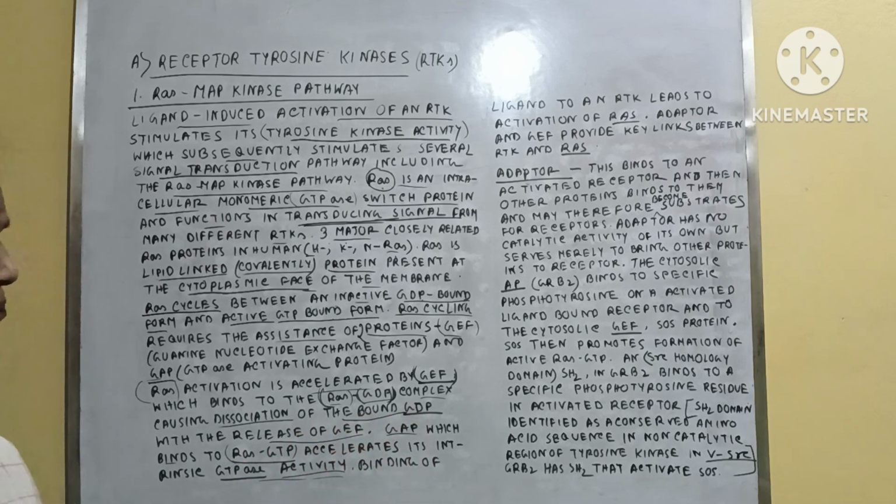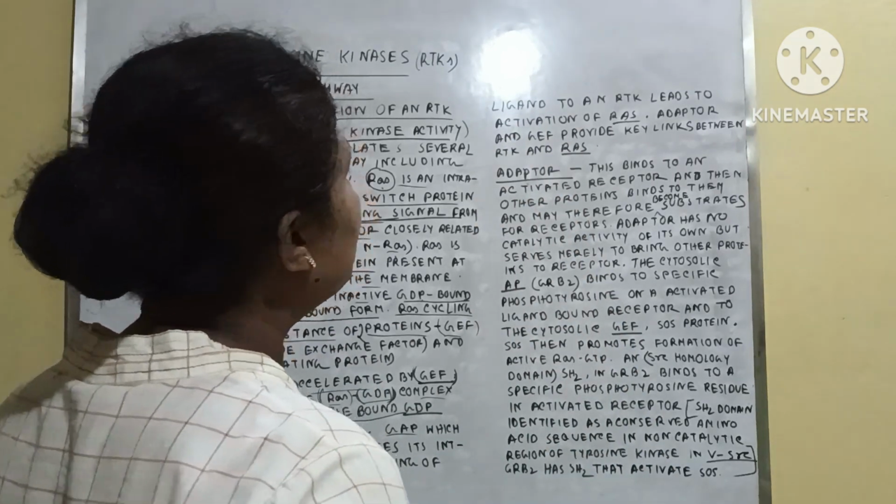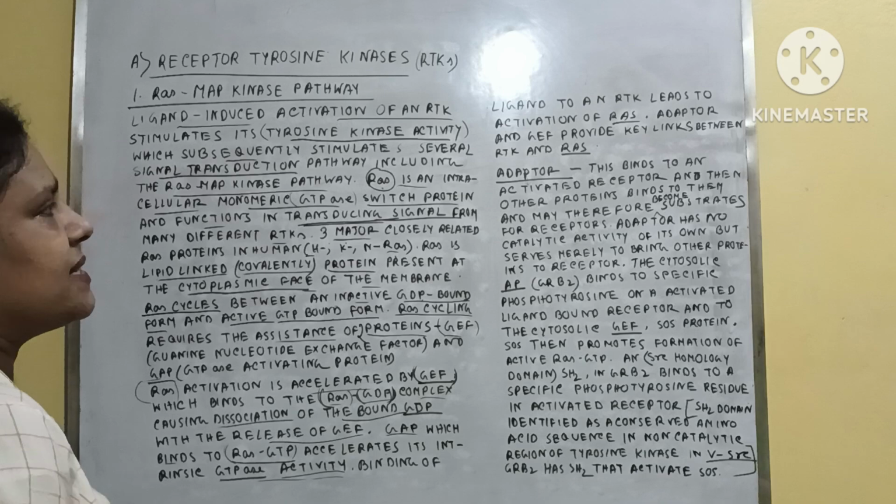And when GAP binds to the RAS-GTP, it accelerates the GTPase activity. Clear? So binding of ligand to an RTK leads to activation of RAS.